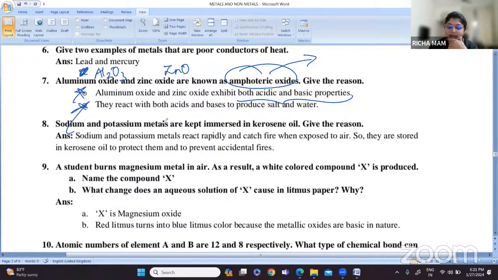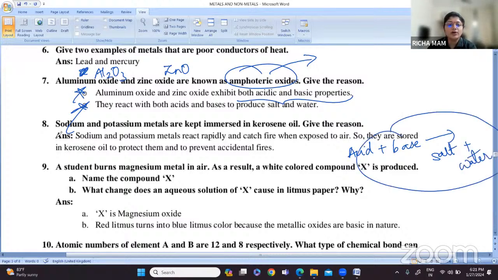They react with both acids as well as bases. And when acid and base react, what do they form, students? They form salt and water.